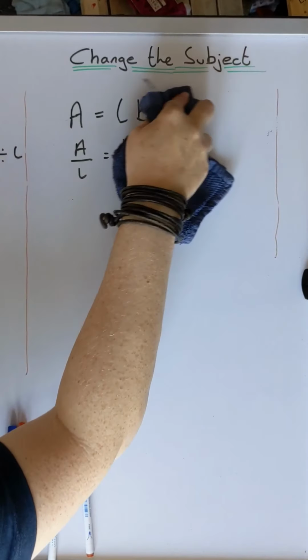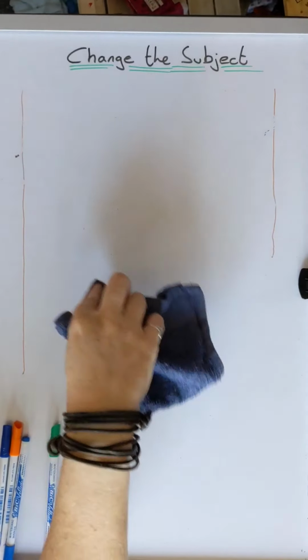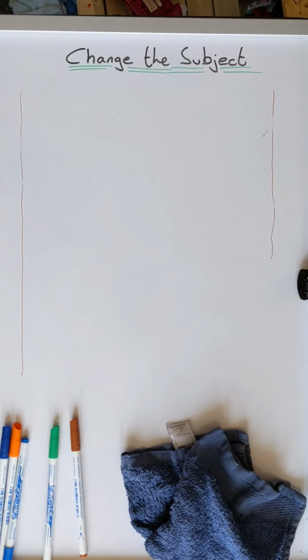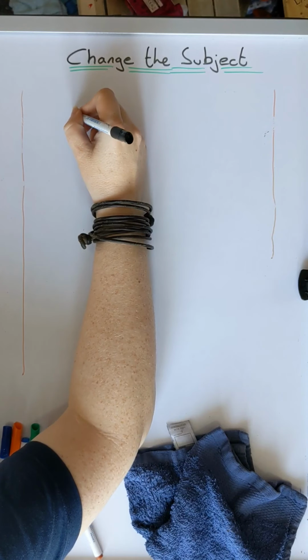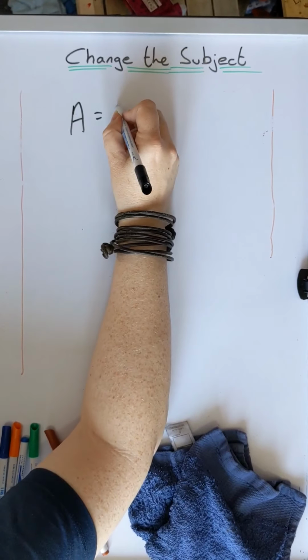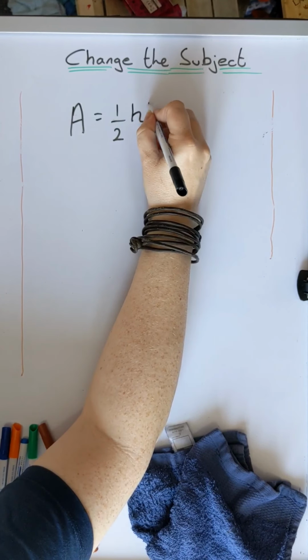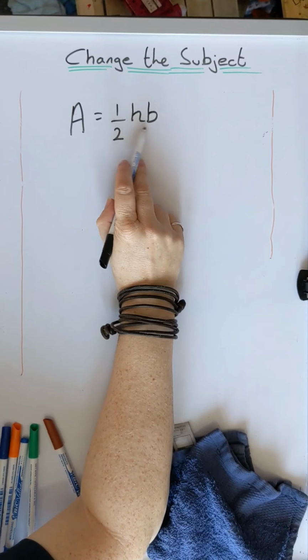Right, I'm going to look at a different formula this time. I'll just take it another level. The formula for a triangle. Area is half the height times the breadth.